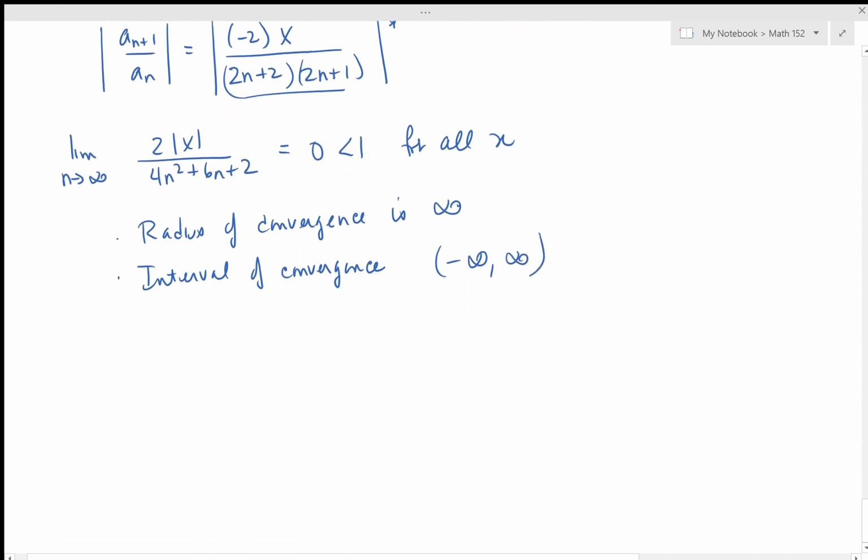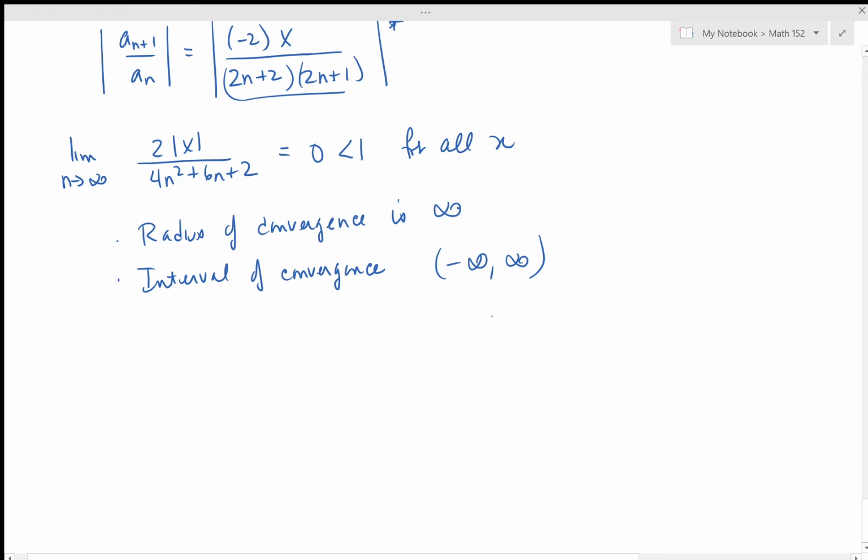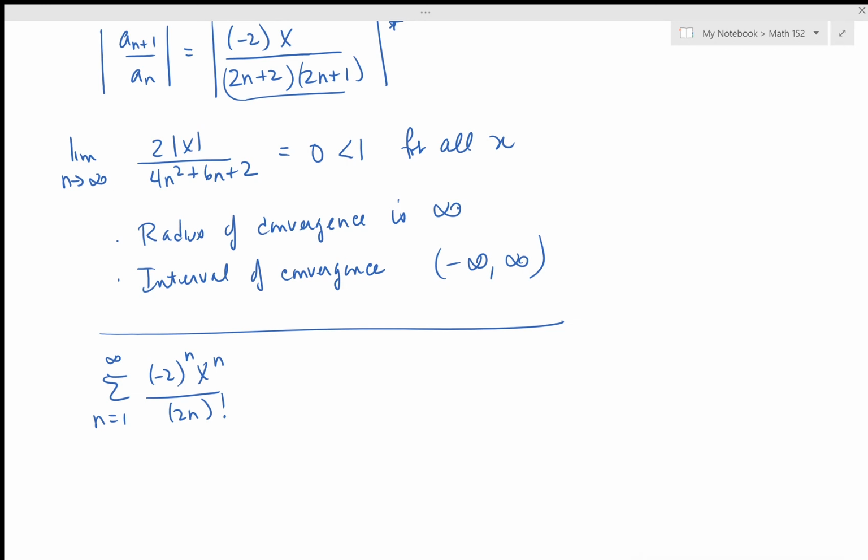And let me just rewrite this one down here as a final point on this example. Here's what we looked at, an infinite series like that. We've determined that this converges for all values of x. So I could, for example, label this f of x.